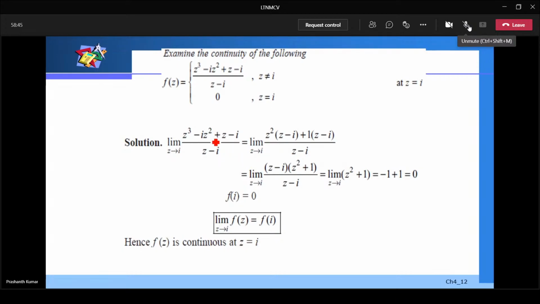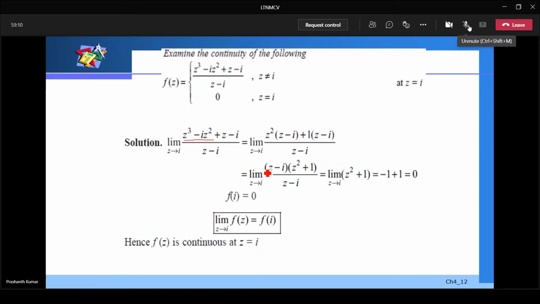This is equal to, take z square common in these two terms, z square into z minus i, and this is 1, I am taking outside, and z minus i. Simply I'm taking some brackets. From this one, z minus i, this term and this term, z minus i is common.